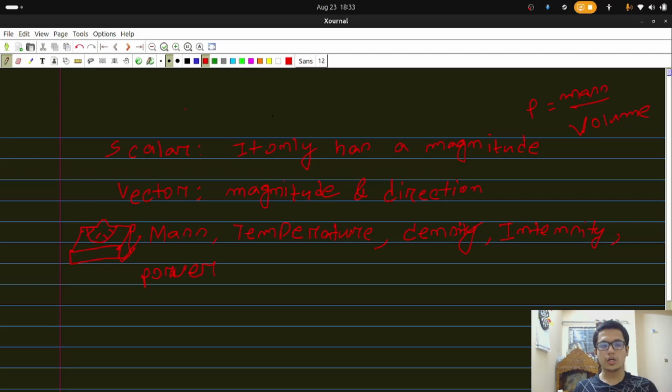If you're given a machine or a generator, and it says it only has 220 watt power, it doesn't mean that 220 watt power will distribute in different directions. Although we know the output power is different than the input power, power doesn't have any direction, okay? It doesn't follow any direction. It's just a quantity. It's an intrinsic property of the generator.